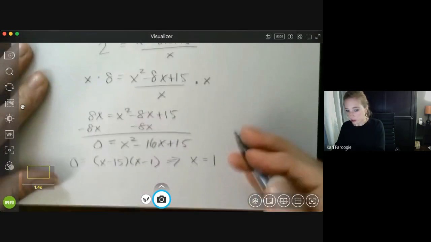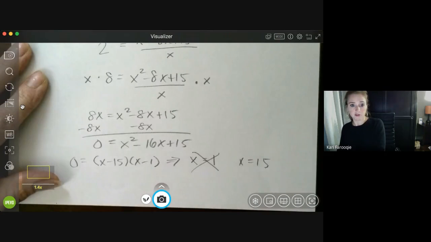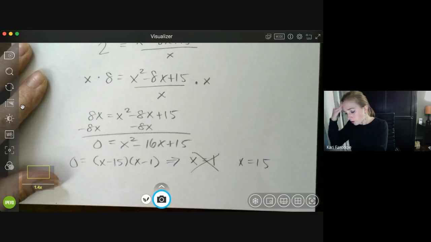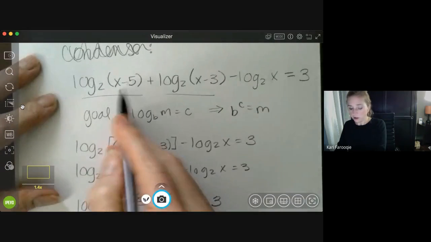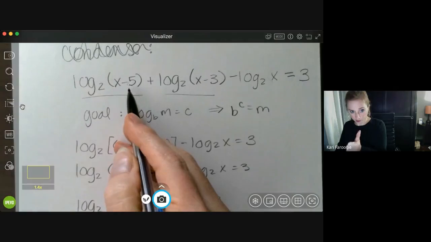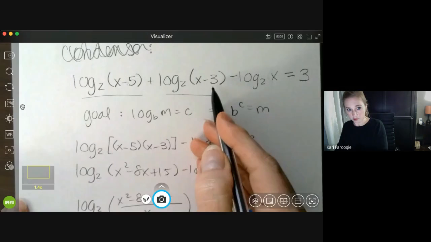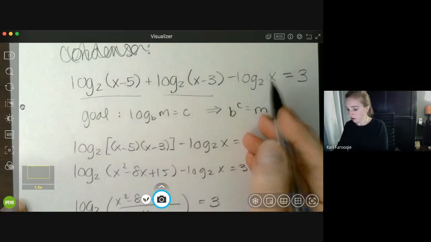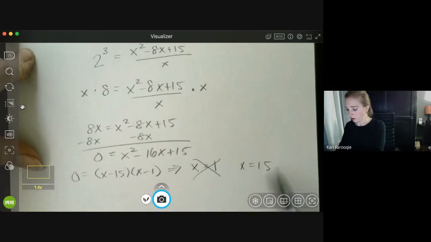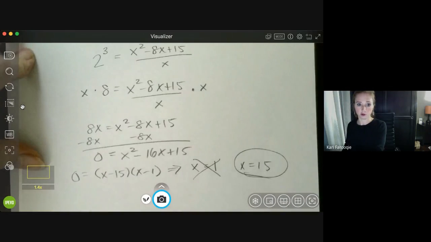So it must be the case that x equals 1 cannot be a solution. So you need to go back and check 15. 15 minus 5 is positive. That's good. 15 minus 3 is also positive. 15 itself is positive. That means that 15 does not violate the domain, and that's your one solution.